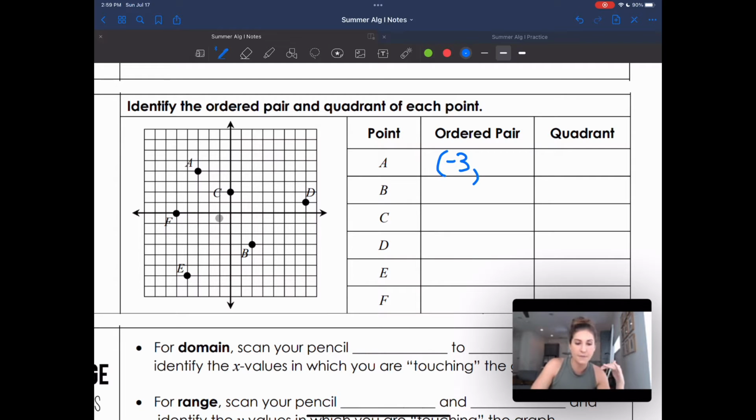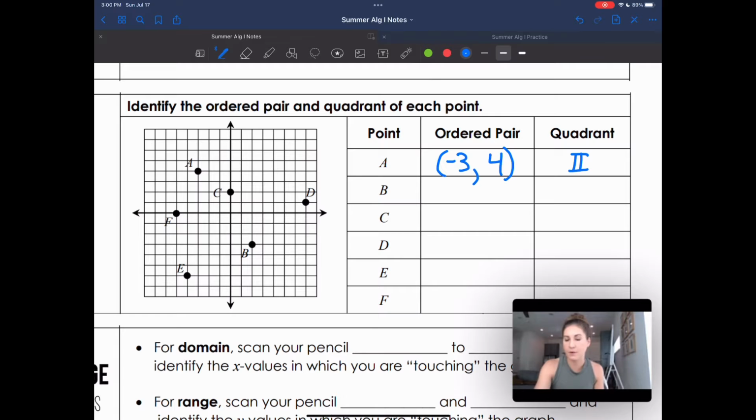So I go left 1, 2, 3, and then I go up 1, 2, 3, 4. And because I go up, that y coordinate is going to be a positive 4. If I had gone down, it would be negative. But I went up, so it's a positive 4. And then we always do our ordered pairs in a set of parentheses. Okay, perfect. So the quadrant that this one would lie in, well, we know this one is always our quadrant 1. This one's definitely in our quadrant 2.